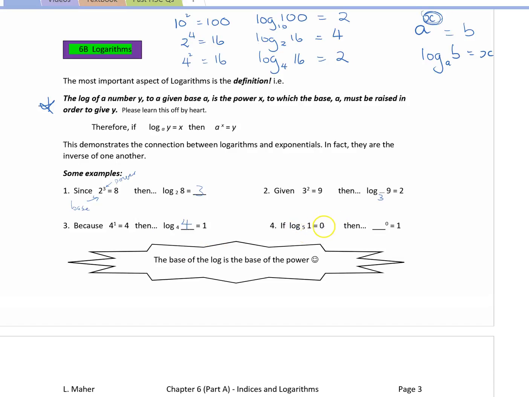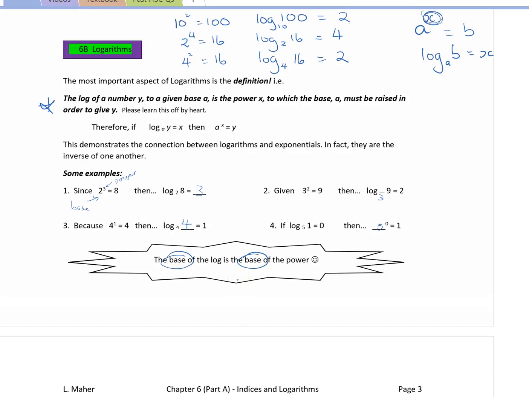And if the power is 0, and gives 1, when the base is 5, we have, for example, 5 to the power 0, then of course, yes, that's 1. We know that. Just remember, the base of the log and the base of the power are the same.